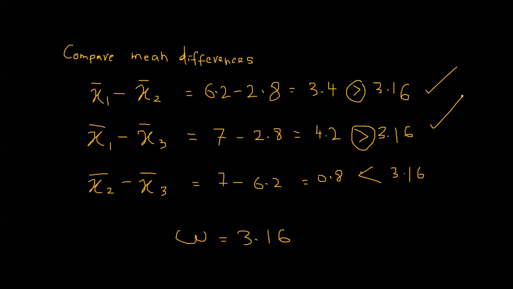We can say that the mean difference is more than omega, so the null hypothesis is rejected. We can claim that the mean difference is more than omega, so the null hypothesis is rejected.